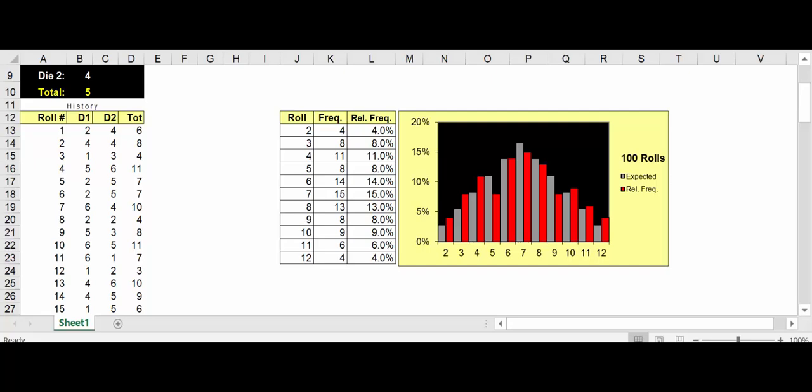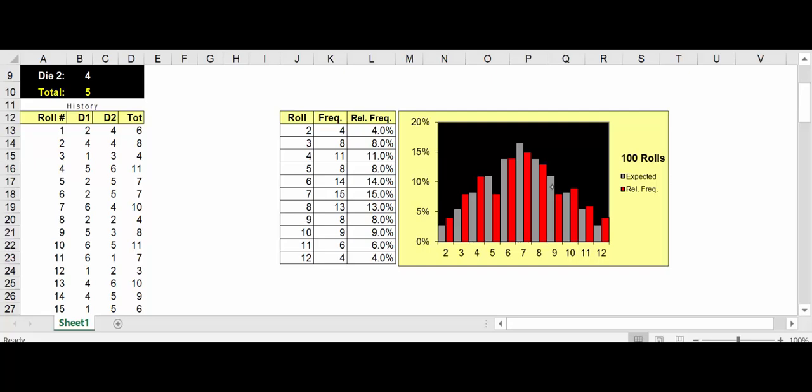Well, what does the frequency distribution look like when you roll 2 dice 100 times? What I've done is used the dice roller app, and I did 100 rolls. The gray is the expected outcome, the red's the real frequency. You can see that it's pretty close to what you would expect, but it's not quite there with 100 rolls.